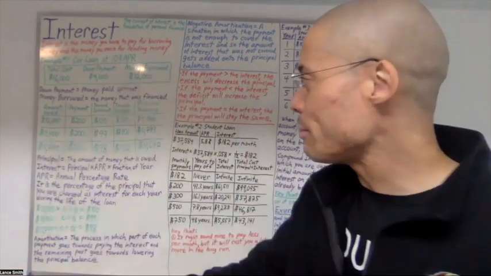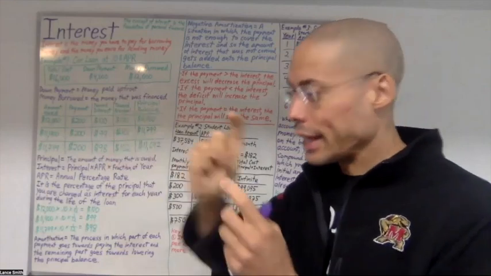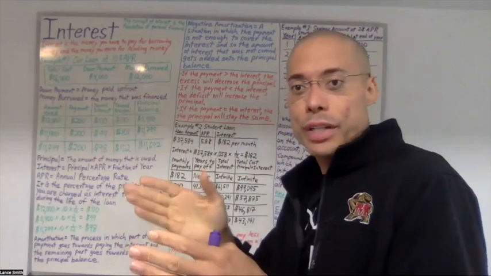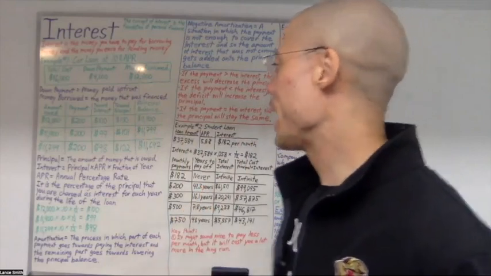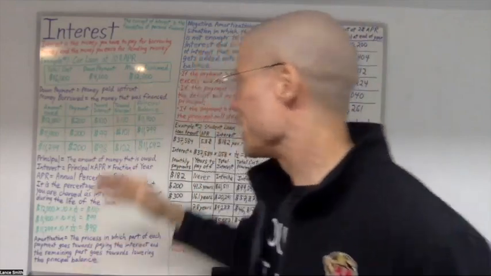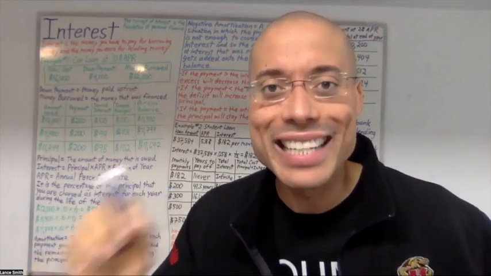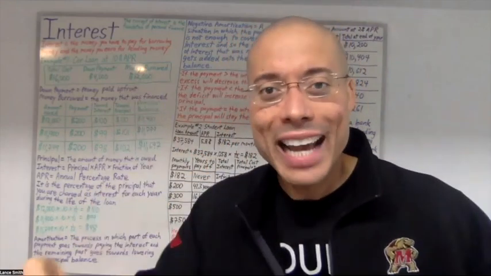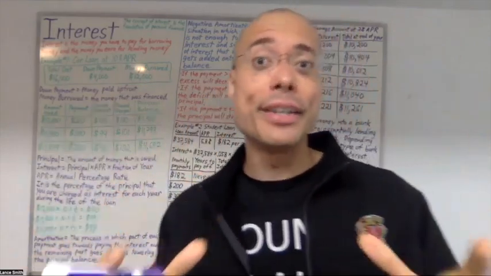So do you see what's happening? With each payment, a portion of the payment is going towards the interest, and the remaining portion is going towards paying down the principal. Now, let's talk about some terms. This process is called amortization. I know it sounds like a big term, but really, it's very simple to understand.